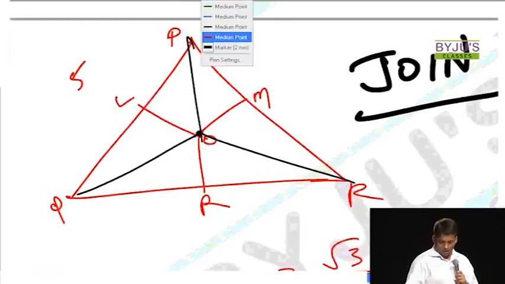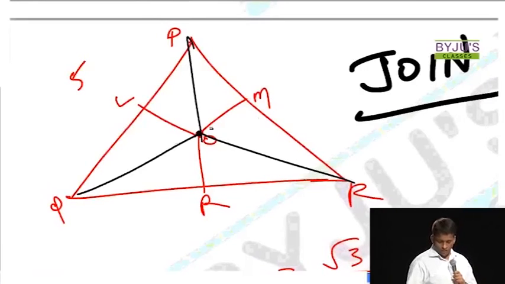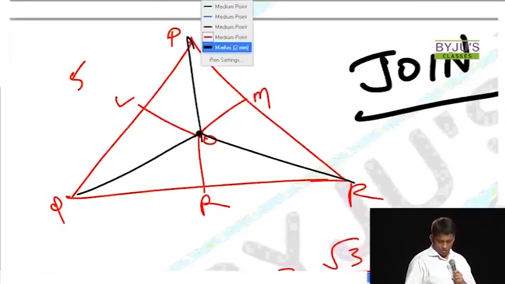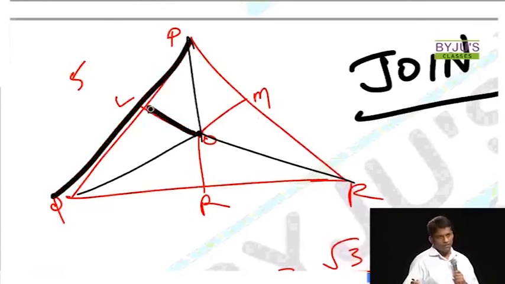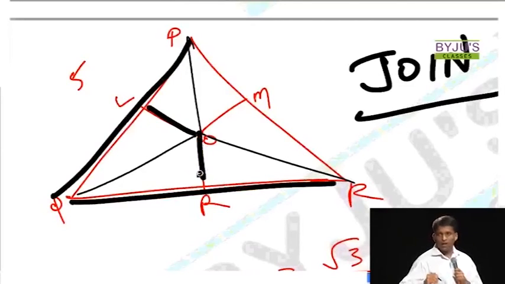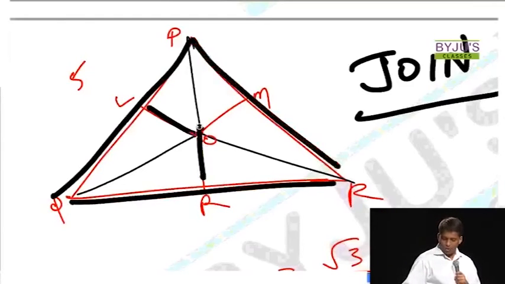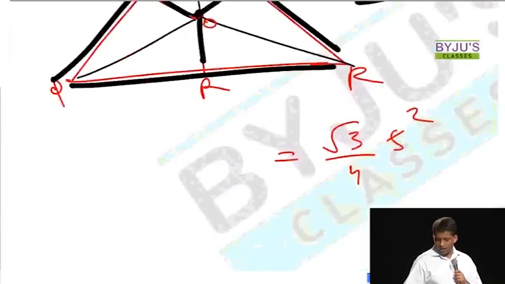When you are equating this sum of parts, what is POR? POR is half into 5 into OL on the left hand side. QOR is half into 5 into OR. And POR is half into 5 into OM. What is the only unknown on the left hand side?